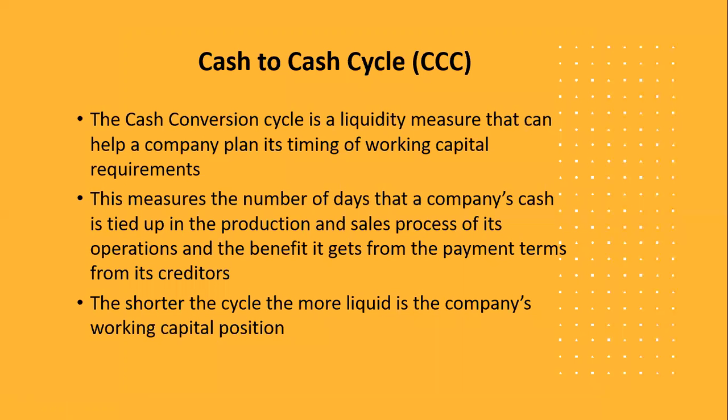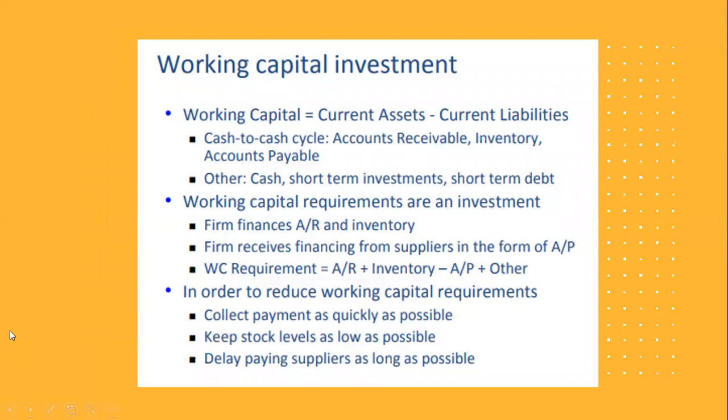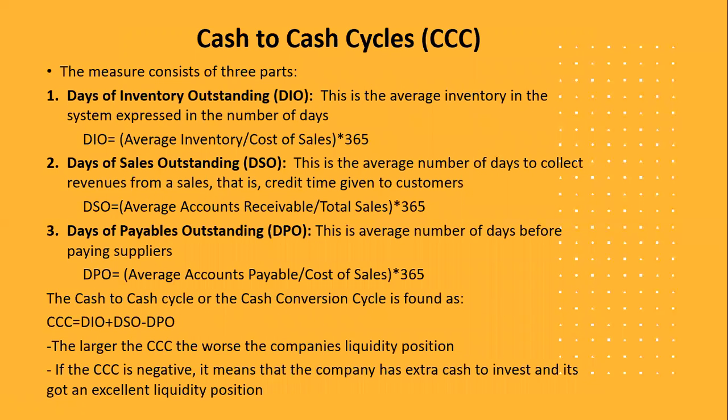I'll talk to you a little bit about this in the next slide so that you get a better understanding. The shorter the cycle, the more liquid a company is, and the better the working capital position is. As I mentioned, the lower the value of this formula, the better it is for a company. If it's high, the company is running into serious cash flow problems.